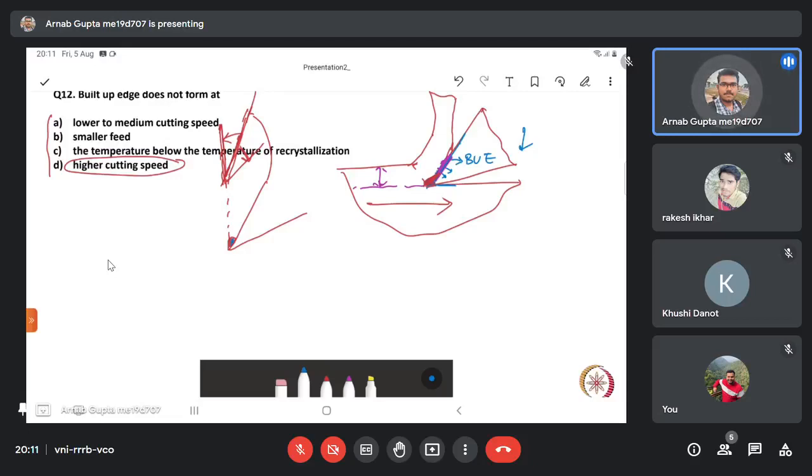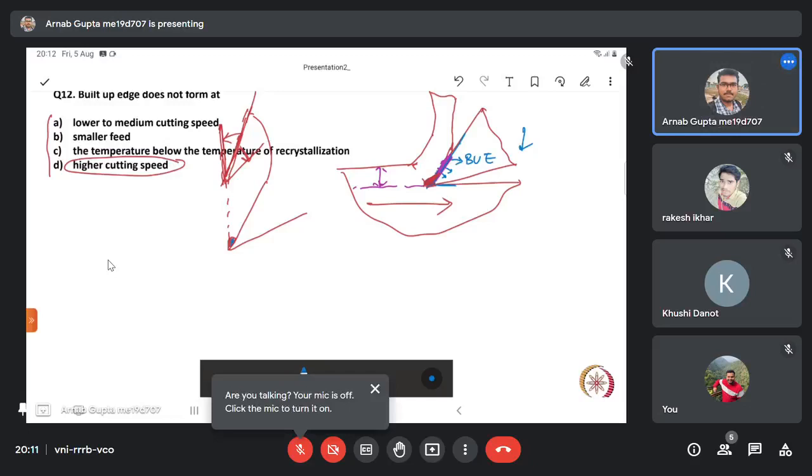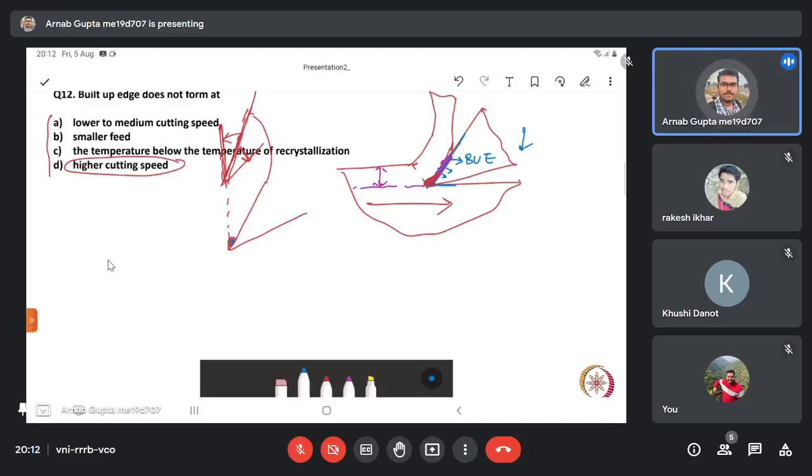Due to this built-up edge, the top surface gets damaged, and hence the surface finish that you get in the workpiece after finishing is also affected, because built-up edge may occur here too. This part is getting disrupted or damaged. The surface finish is getting tarnished. Okay, so these are the detrimental effects of BUE.